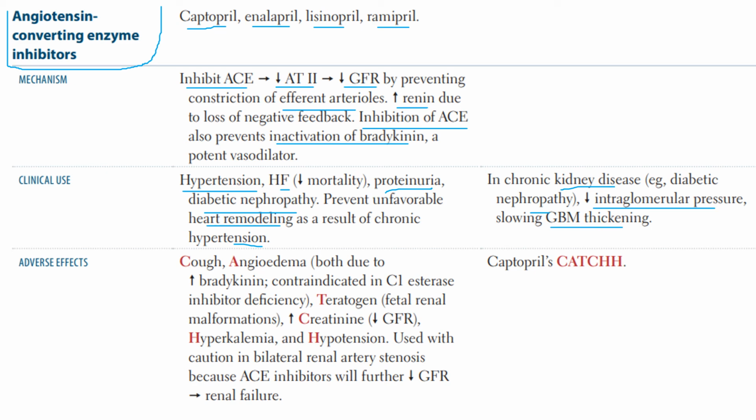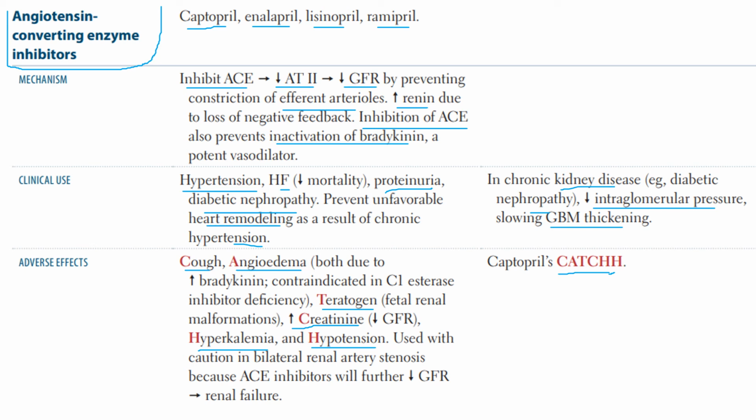It has some adverse effects which we can remember by the mnemonic CATCHH: C for cough, A for angioedema, T for teratogen, C for increased creatinine, H for hyperkalemia, and the second H for hypotension.